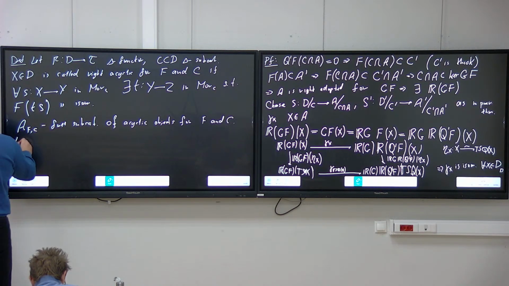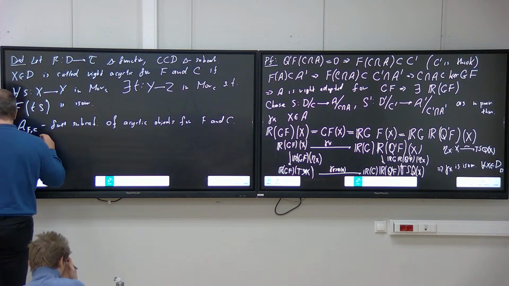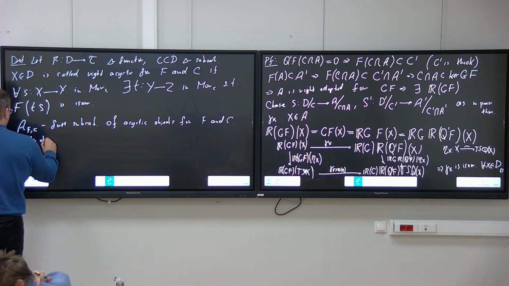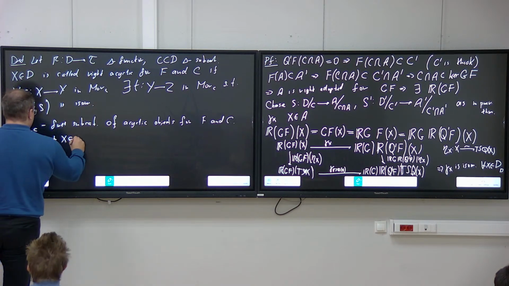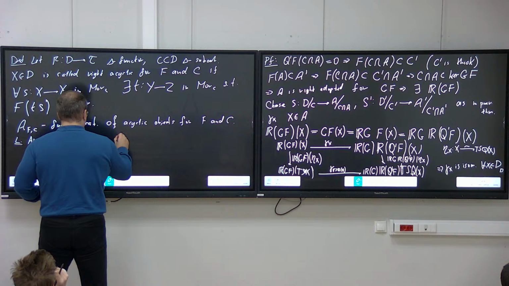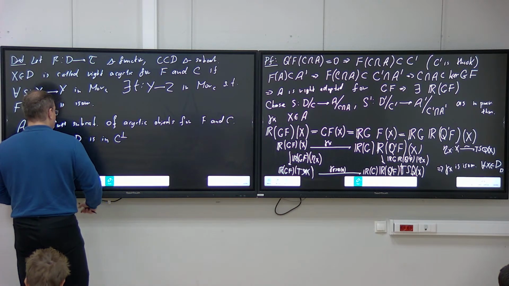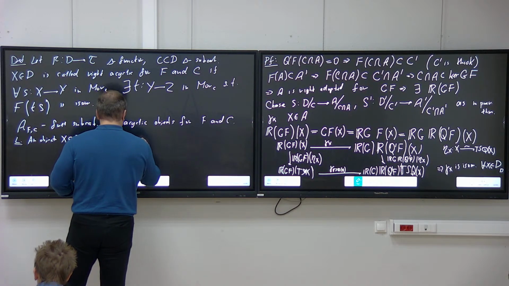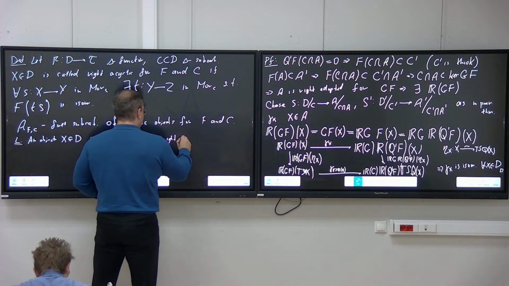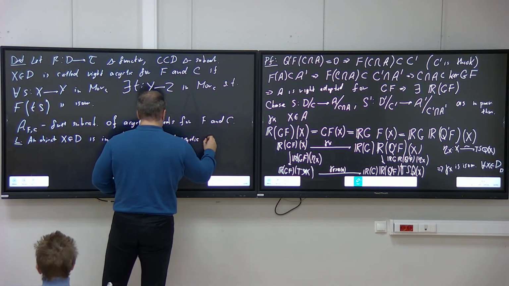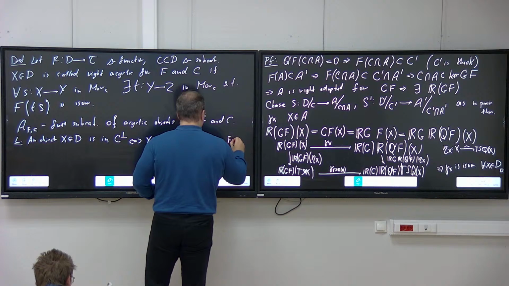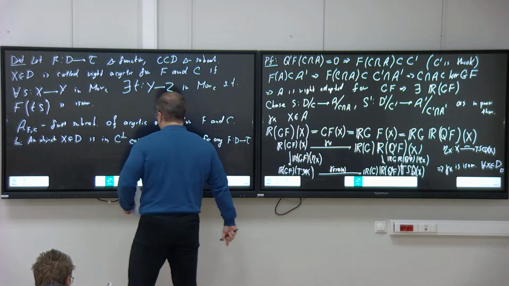Okay, so first lemma. An object x in D is in the right orthogonal complement, so right orthogonal to C, if and only if x is right acyclic for any functor f from D to some other triangulated category.